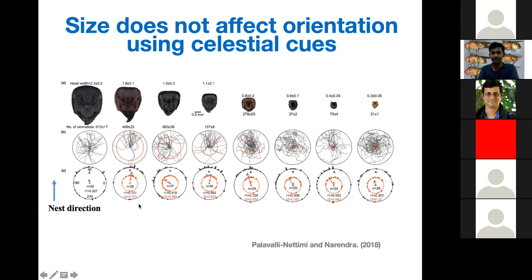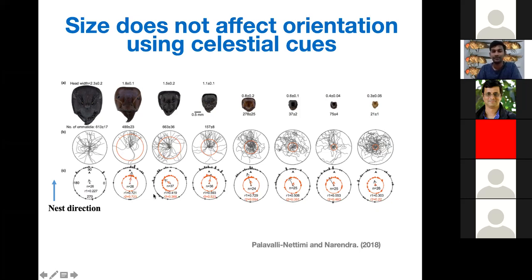And because, like Sanjay just mentioned, to control for the stride length, we also scaled the distance at which we measure our heading directions for all the ants with respect to their head width. And what we find is that almost all of them actually head directly towards where the nest should be.